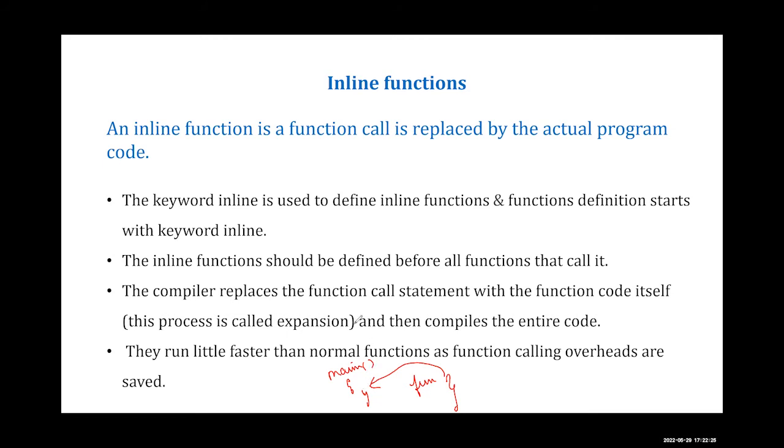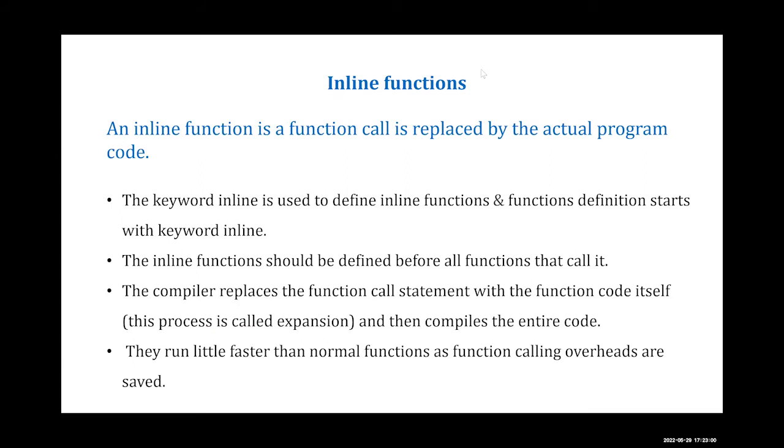Instead of doing that, they are going to run a little faster. Since we are copying the entire code here, the program is running a little faster, as we don't have calling overheads. That is, first I have to find the function call and then go to the function. Once my function is executed, again come back to the main program. These overheads are saved here because the entire code is getting copied.